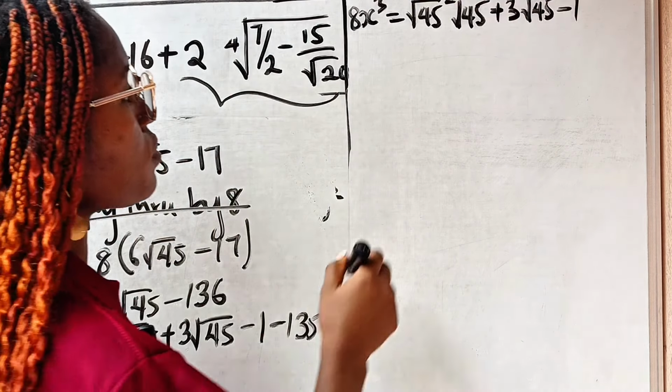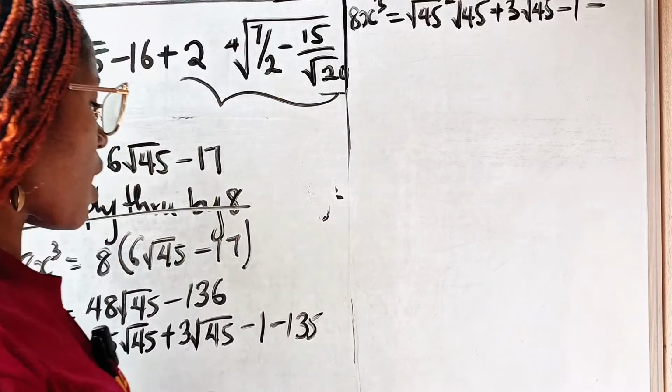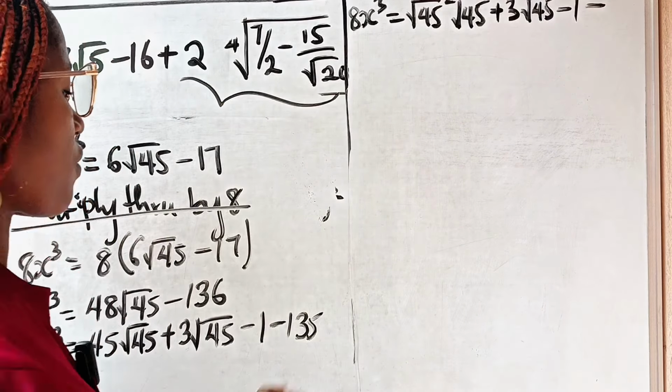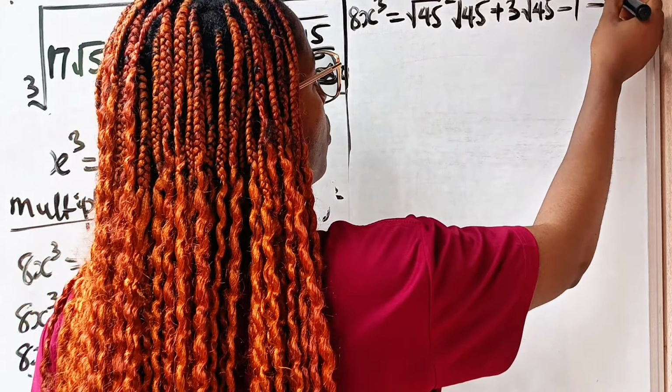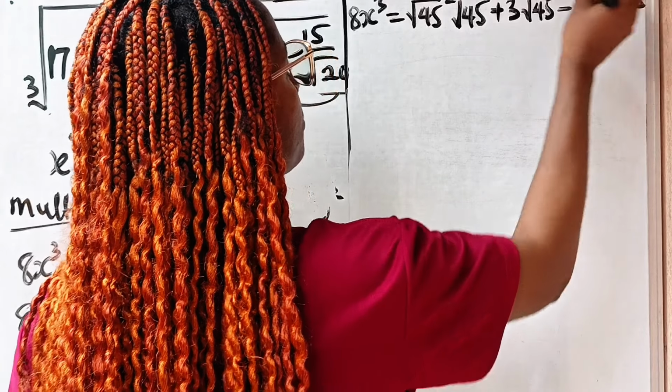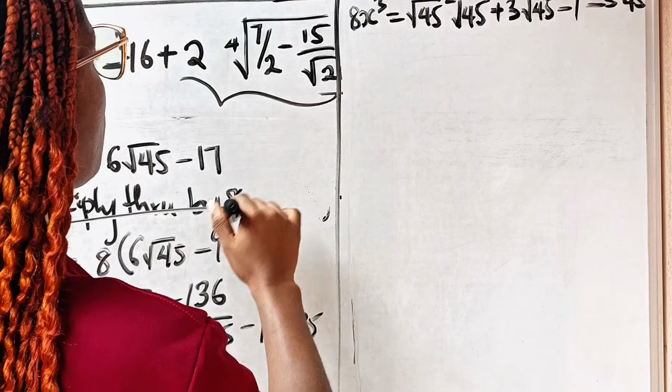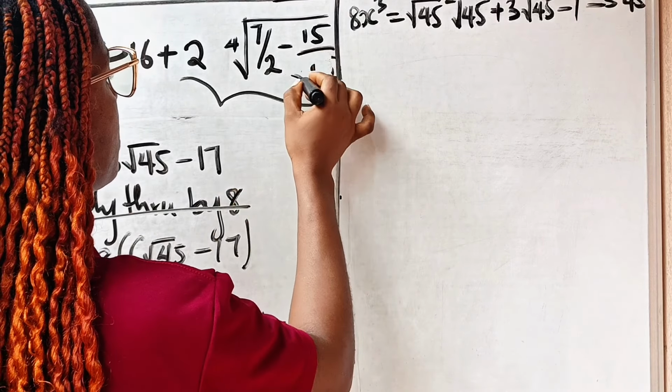And 135 is the same thing as 3 times 45, so minus 3 multiplied by 45.